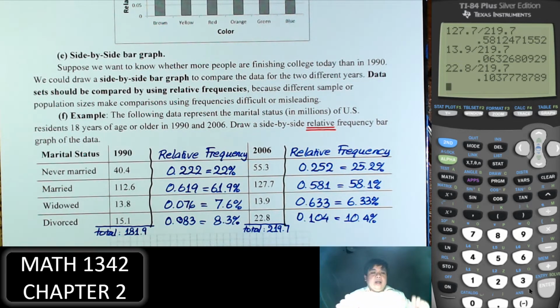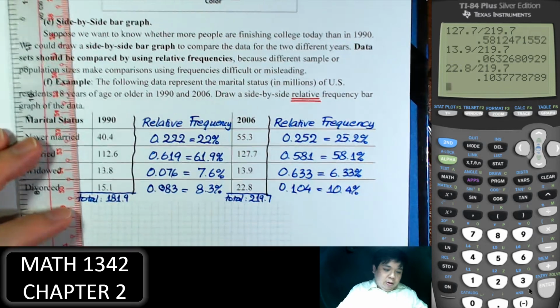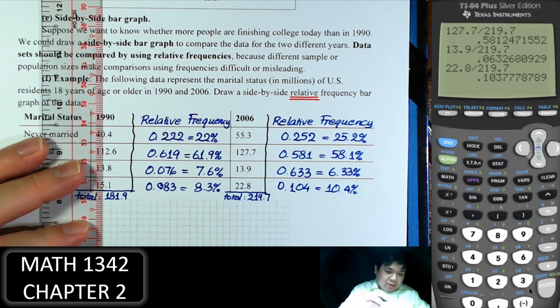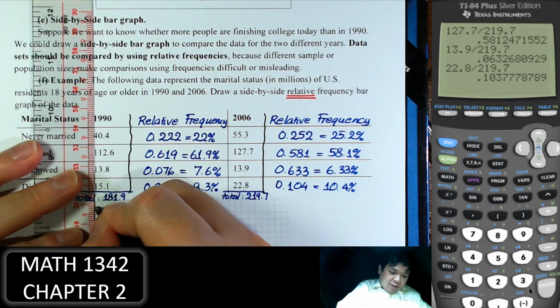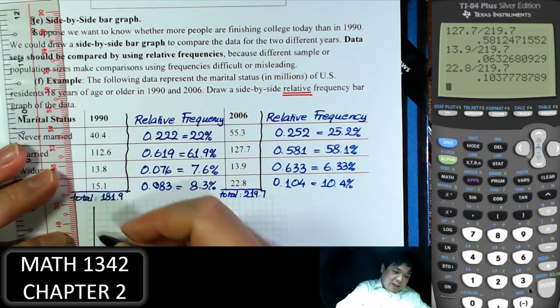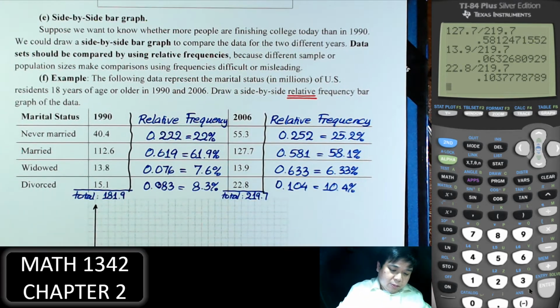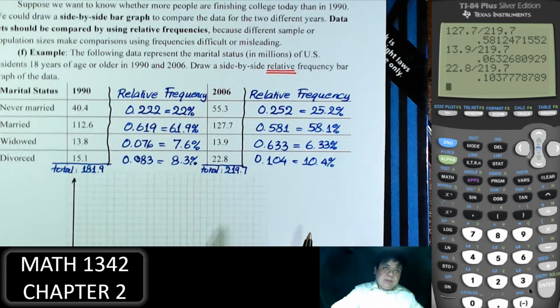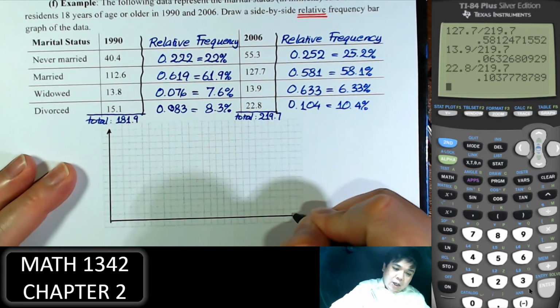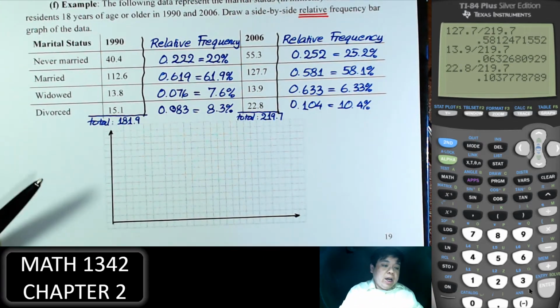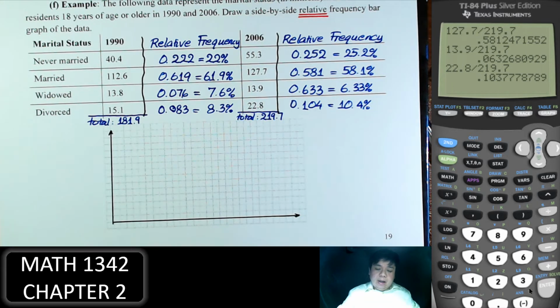Now we'll draw a graph. There are 4 categories, and for each of them we have 2 bars.